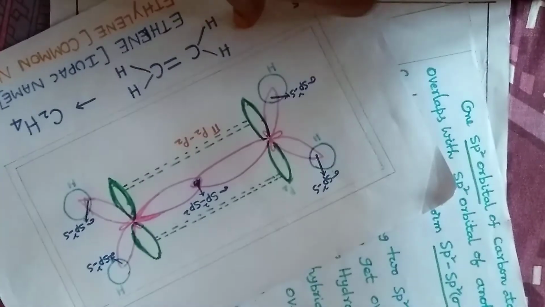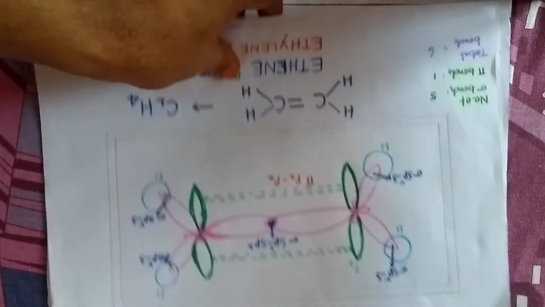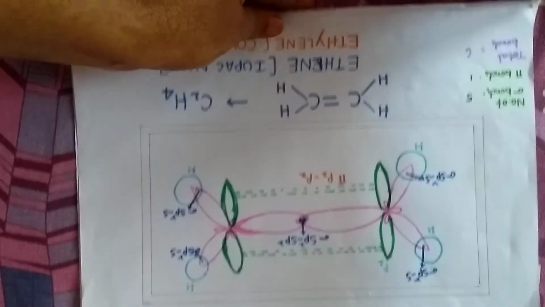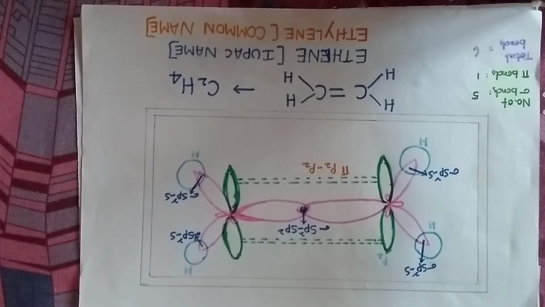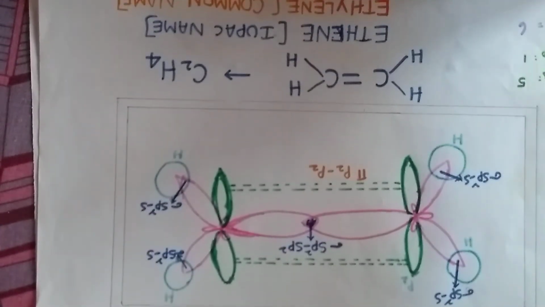Now you observe this diagram. In this diagram, sigma bond sp2 sp2, sp2s, sp2s, and pz pi bond.